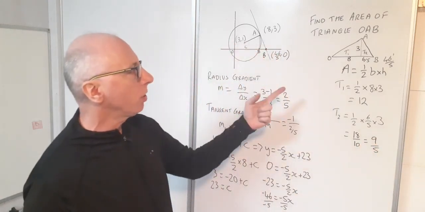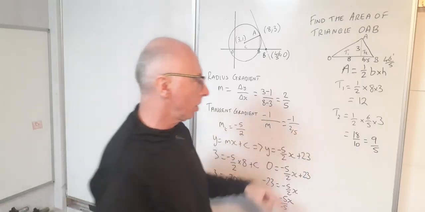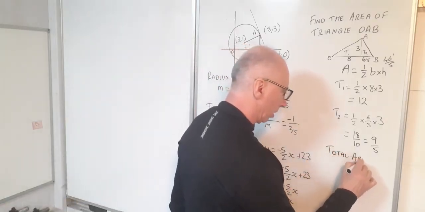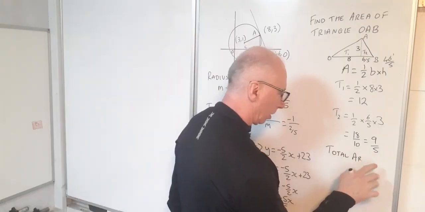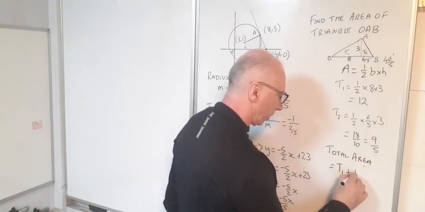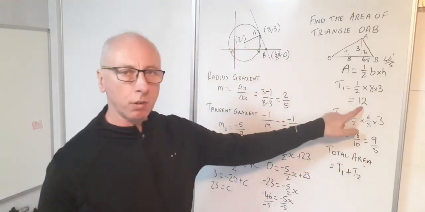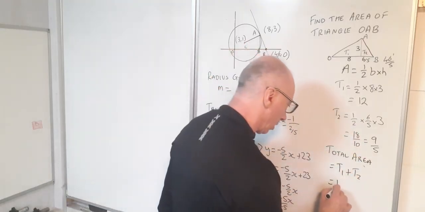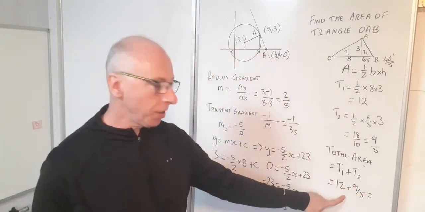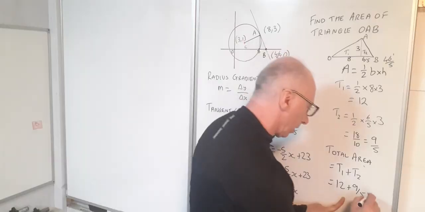Now my total area is going to be T1 plus T2, which is 12 plus 9 over 5, which gives me 13.8.